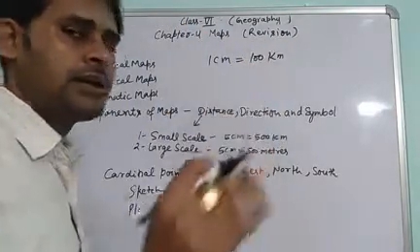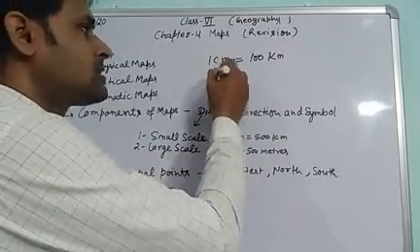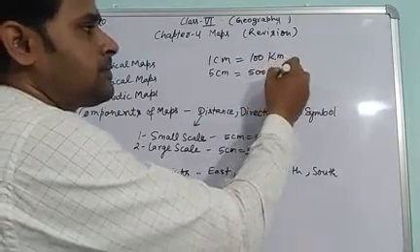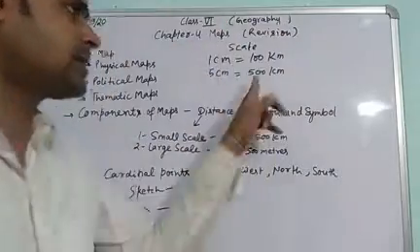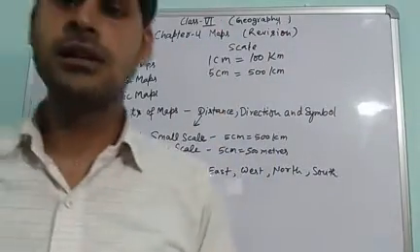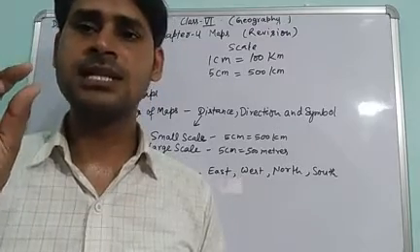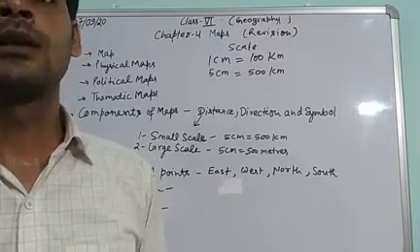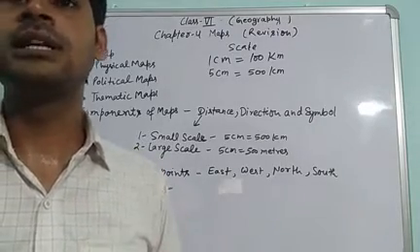So on a map, if we want to show 500 kilometers, we can use only 5 centimeters. In this way, it is very useful, as in a very small place we can show larger places. That is the reason scale is very important in any map.